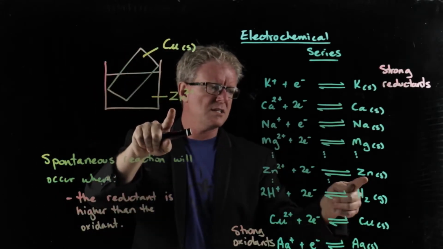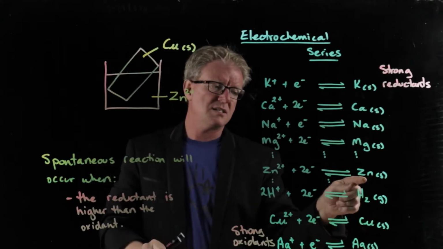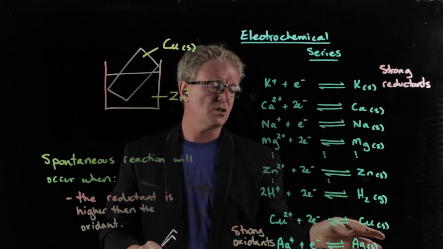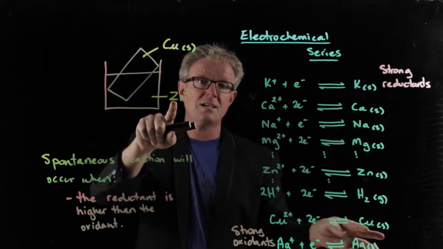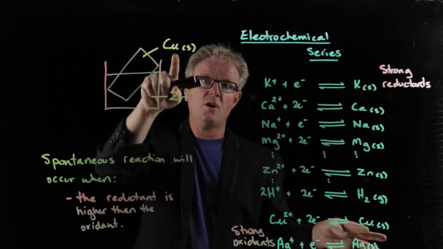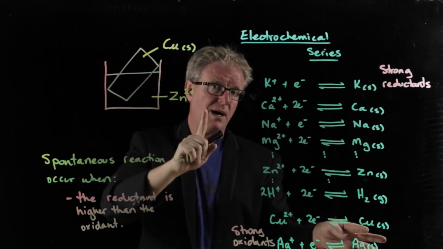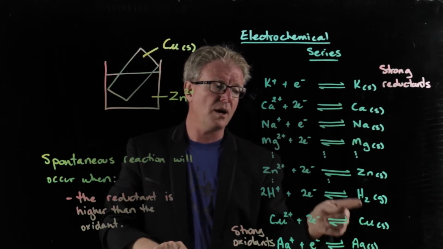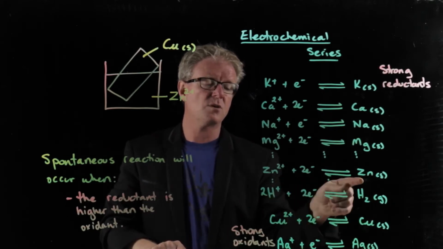And we've got zinc. Now, zinc is higher than copper, so zinc's more reactive, so you wouldn't expect that this is going to happen here. So at the moment, can zinc lose electrons? No, it can't. Can copper? Yes, it can, but copper's not going to because copper is lower than the zinc half equation.